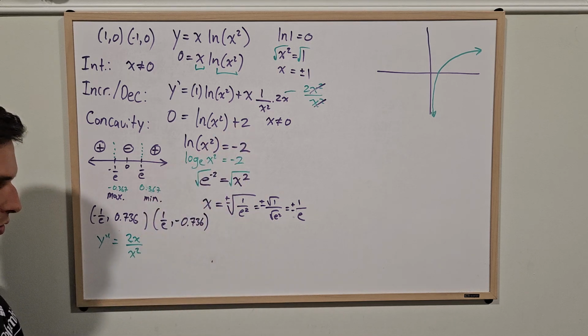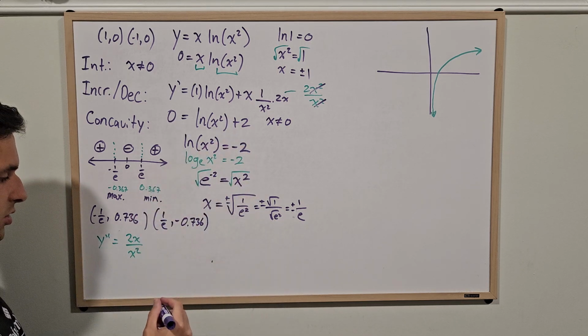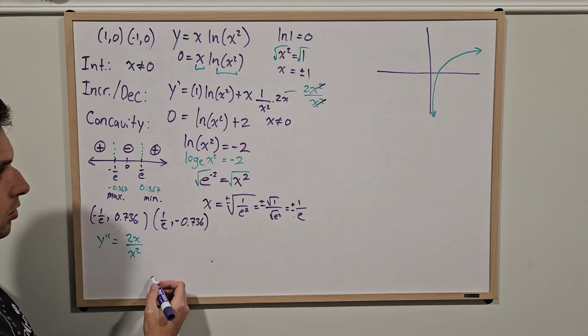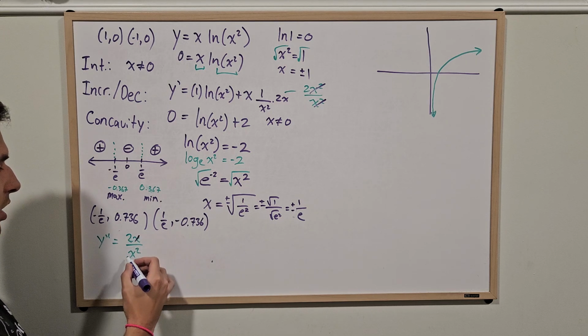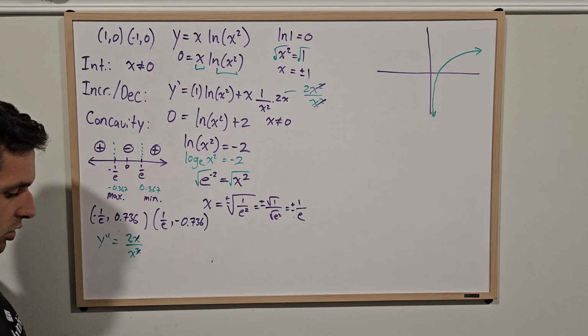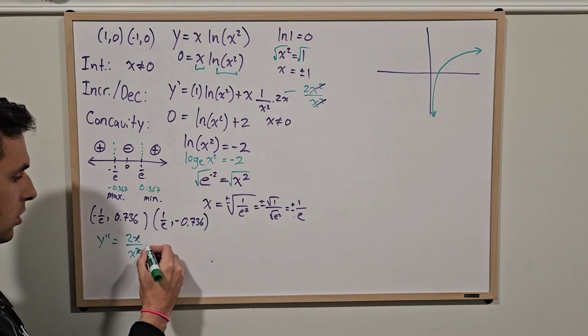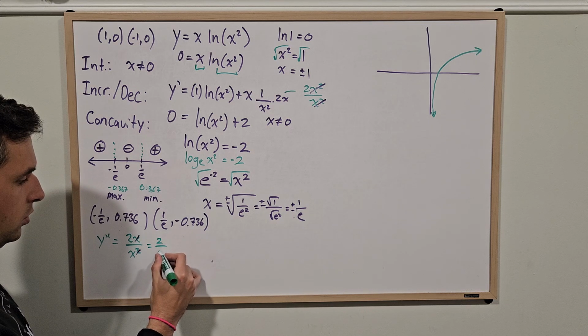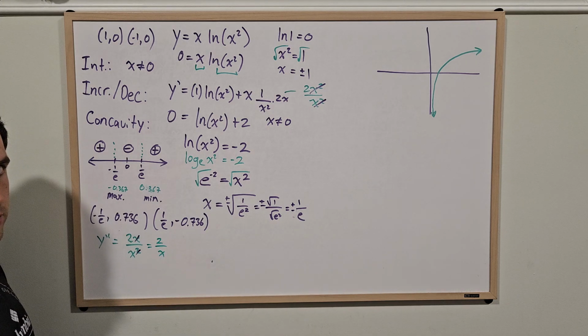Plus 0, the derivative of a constant is 0. I have 1x on top. I can cancel that out with one of the x's from the bottom. So I'm just going to be left with 2 over x.